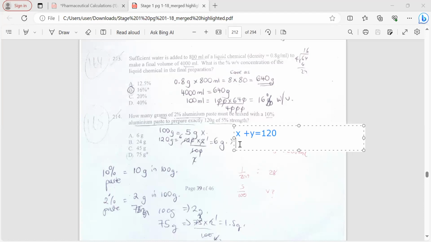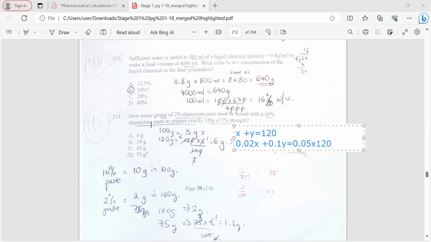Then if we take what Diana was saying, 0.02x plus the other one, 0.1y, we get 0.05 times 120, because we already know the grams.